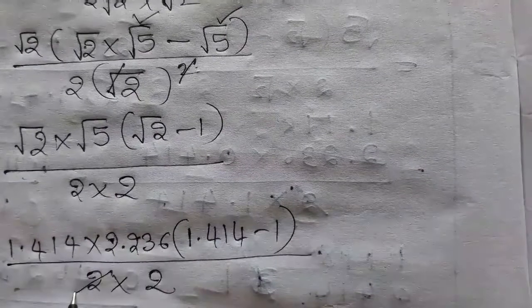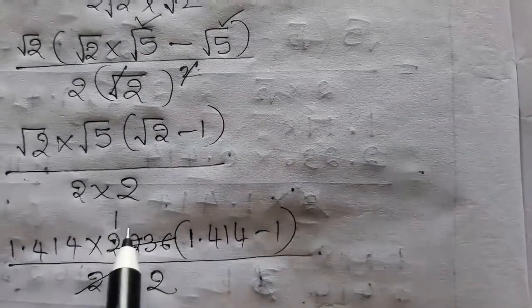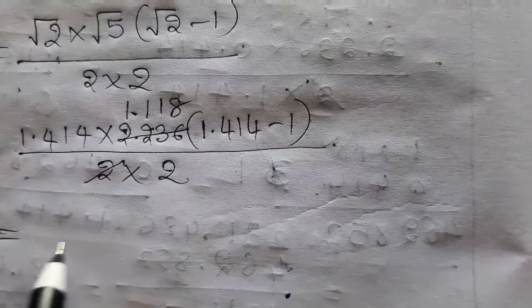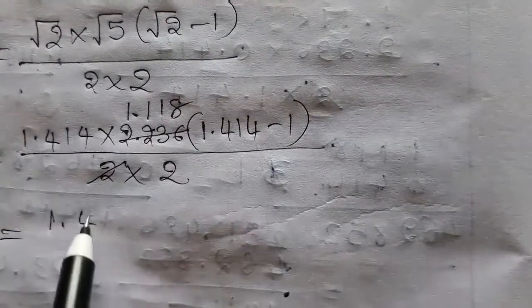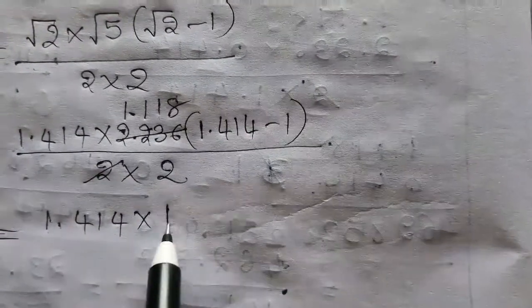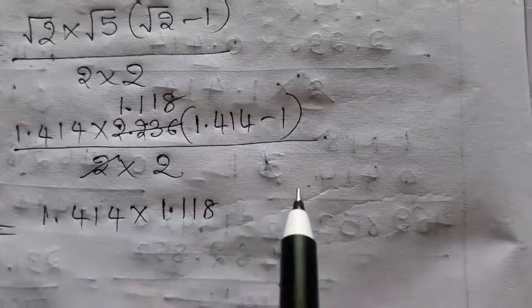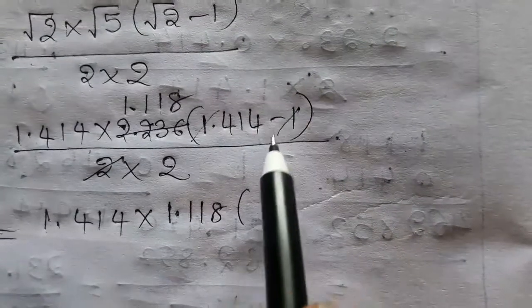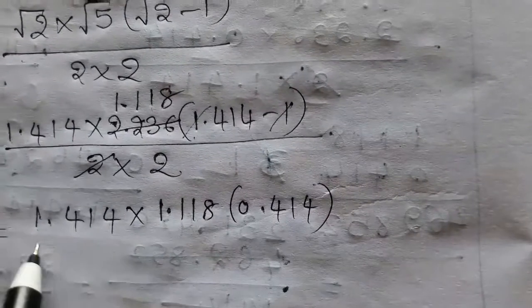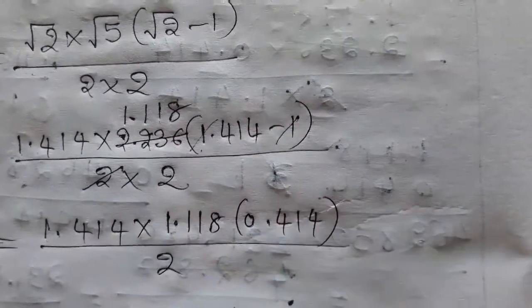Cancel: 2 ones are 2, 2 eights are 16. Now that equals 1.414 into 1.118 in the bracket, minus, so 0.414 by 2.